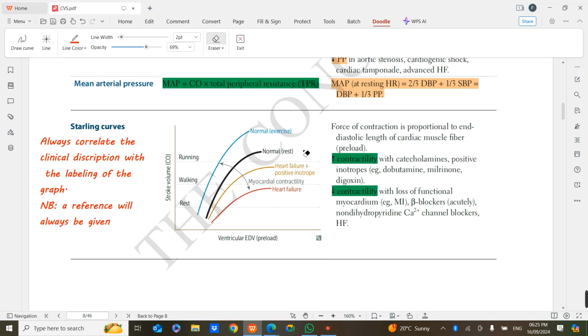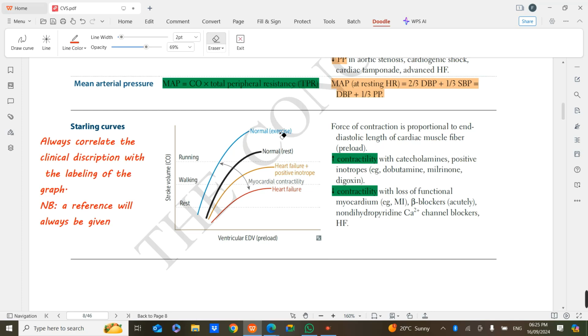They now draw another one for you and say this is the one for the patient that is exercising. Two curves in the diagram. The question is, what do you think is responsible for the nature of the curve for this patient that is exercising? You have numerous answers to pick.